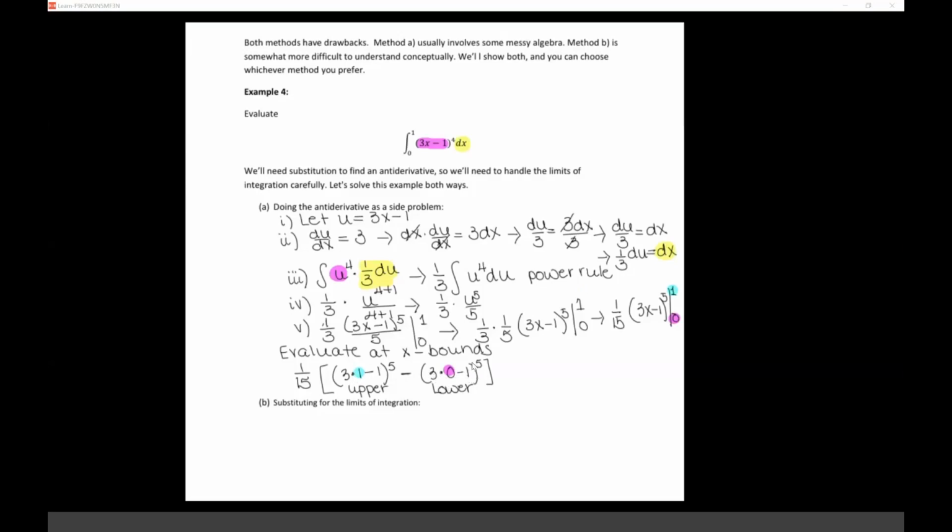Negative 1 to the 5th is negative 1. So this is 32 minus a negative 1, which is 33 over 15. And that's approximately 2.2.